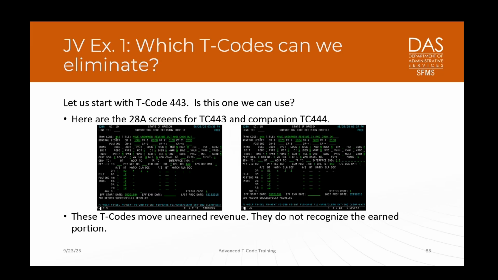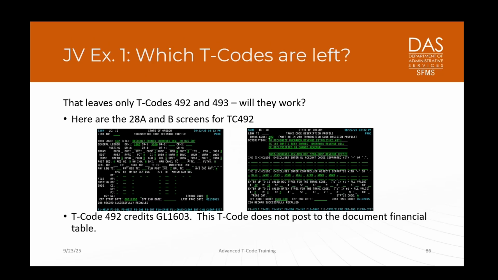And this is not something we are looking for. And this pair is for moving unearned deferred revenue from one fund or PCA to another. So we can cross this T code.